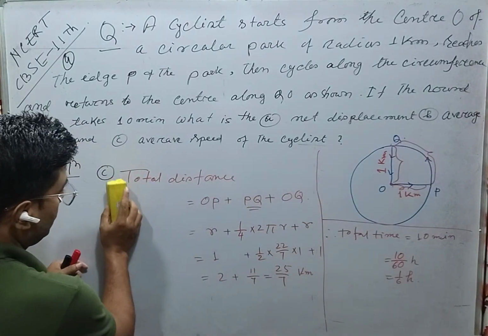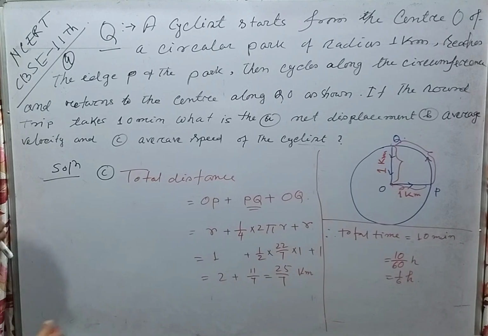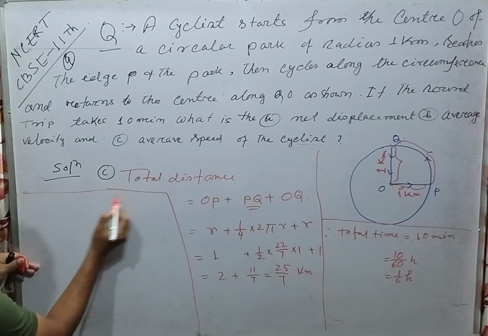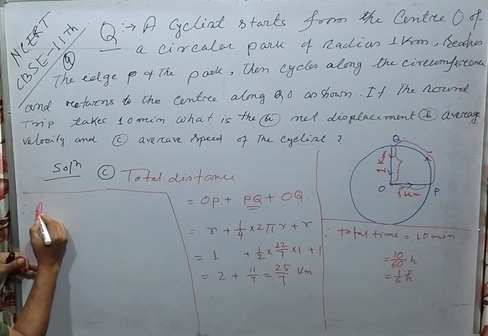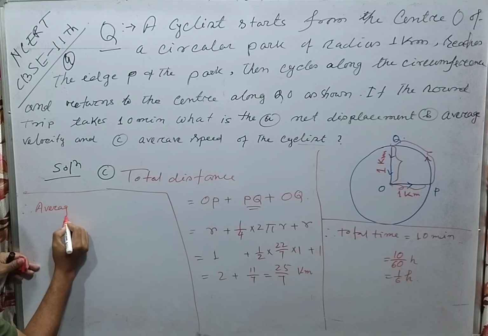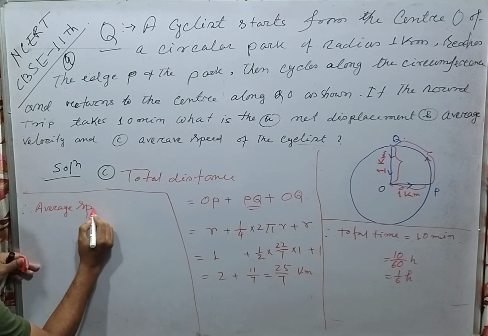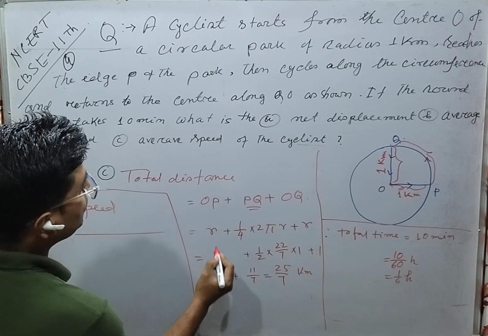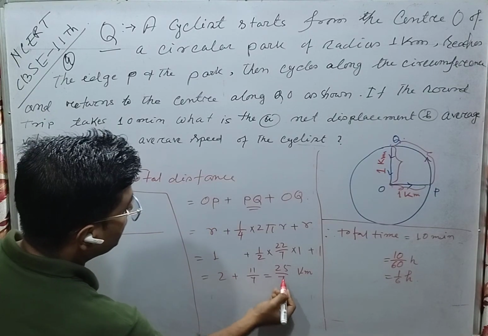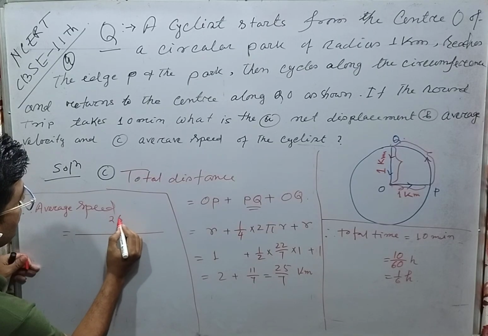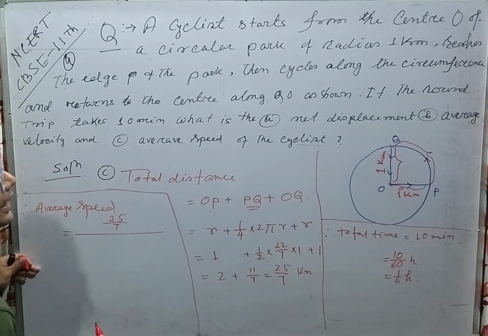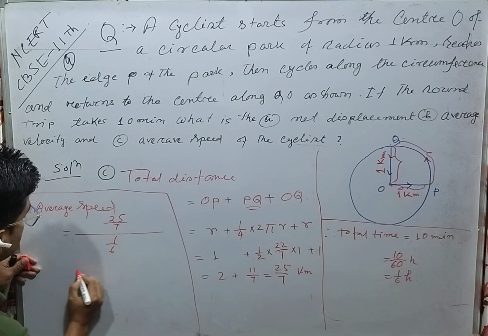Now I will calculate the average speed of the cyclist. See, average speed is equal to total distance by total time. Total distance is 25 by 7 kilometer, and total time taken is 1 by 6.